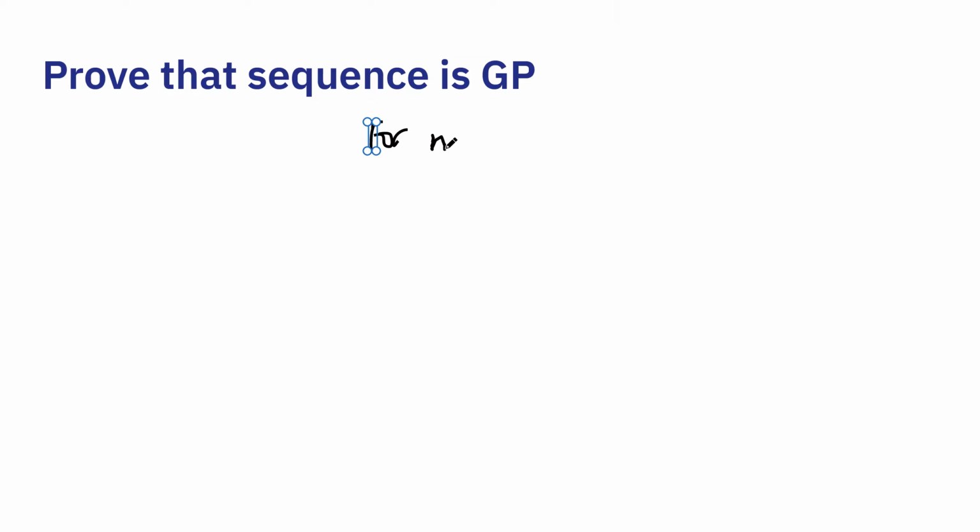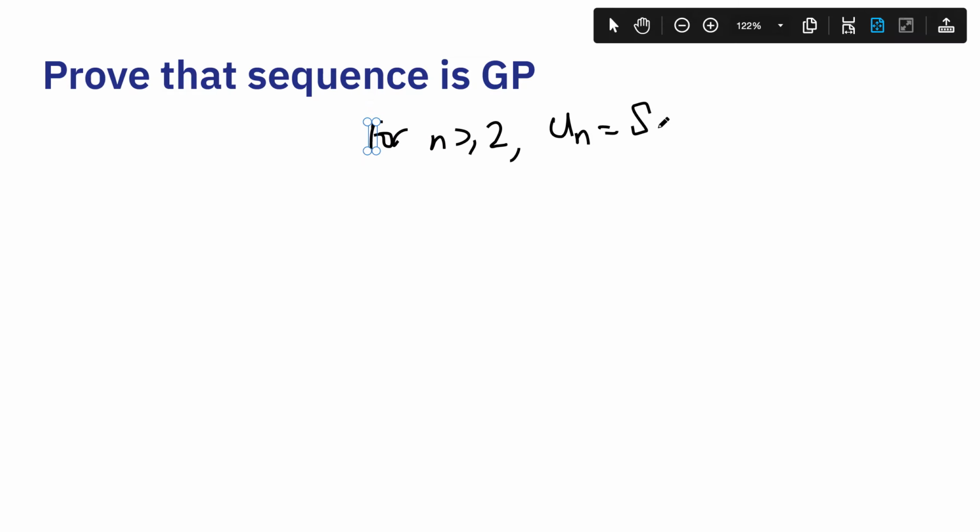Okay, so lastly, we are going to show that a sequence is a GP. So how do we do this? In order to show that a sequence is a GP, we actually just do the exact same thing as we did for an AP, everything in front is the same. We still want to do, for n greater than or equals to 2, un equals to Sn minus Sn minus 1. Then we want to show that u1 is equals to this formula over here as well.